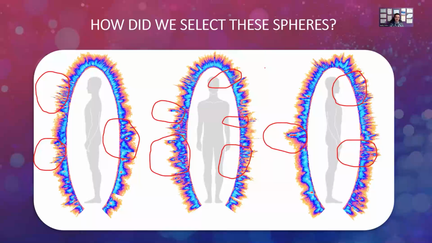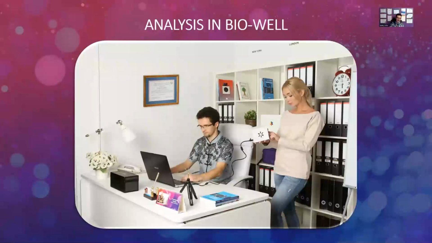We can see some sectors that are showing hyperfunction or abnormal glow that we are capturing with the BioWell. So by observing all these things and analyzing people more and more before, after different activities and scanning them, we were able to see this kind of reproducibility of these problems.